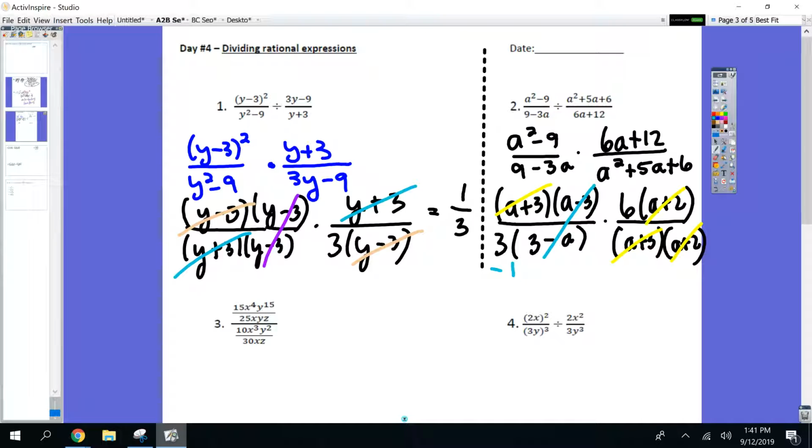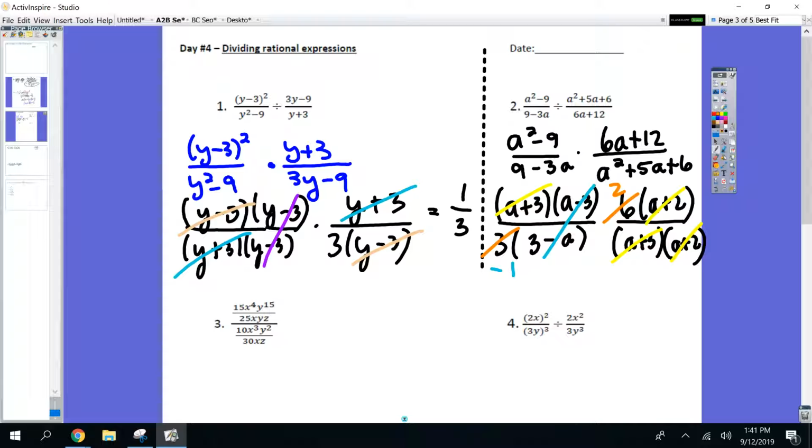Well, there's only 2 things I haven't crossed out, right? Yep, and what are you left with? 6 on top, 3 on the bottom. Okay, I'm still left with something somewhere, though. Okay, that's fine.